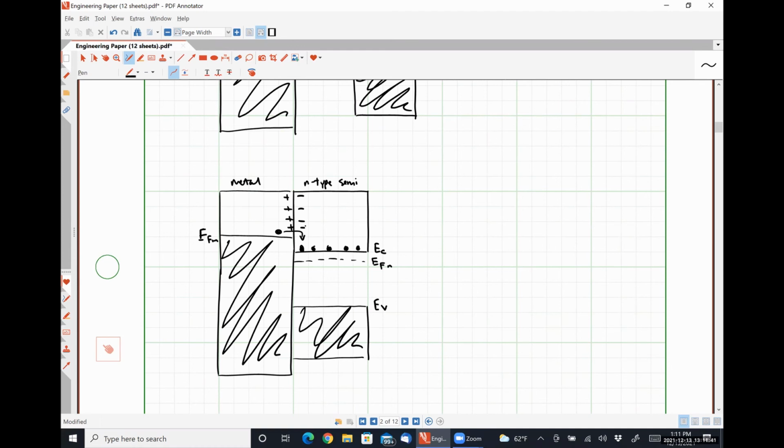All right. So as more and more electrons move from the metal to the semiconductor, we're going to establish an electric field, and we are going to see that the bands bend in the direction of the field again. So these should move up, and equilibrium will occur when the Fermi level of the semiconductor meets the Fermi level of the metal.